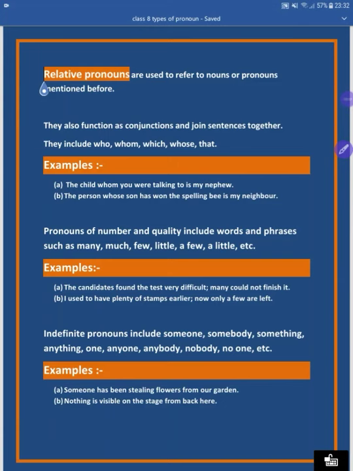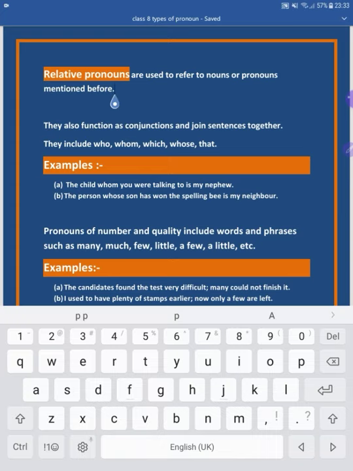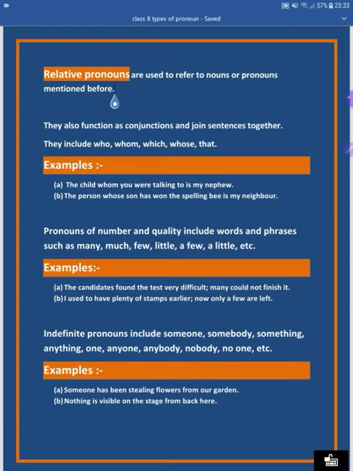Now, dear students, we will move ahead with another type of pronoun, that is relative pronouns. Relative pronouns are used to refer to nouns or pronouns mentioned before. So you must understand this. What are relative pronouns? It is a pronoun which is used to refer to nouns or pronouns mentioned before.